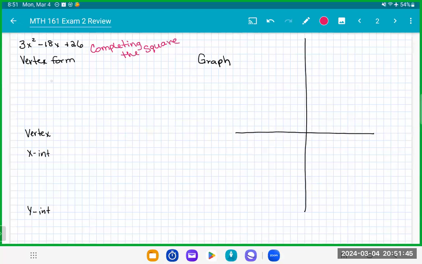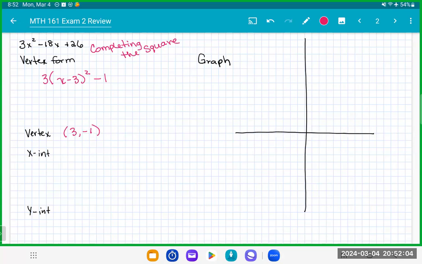You'll do that here. When you do that, you will end up with 3(x minus 3) squared minus 1, right? So then from there, you know that the vertex is your h comma k. So our vertex here is (3, negative 1).